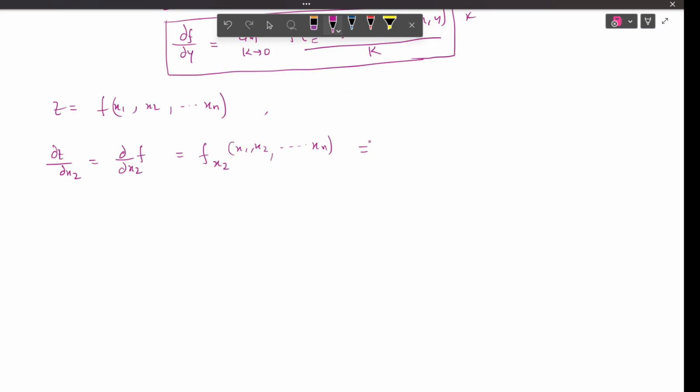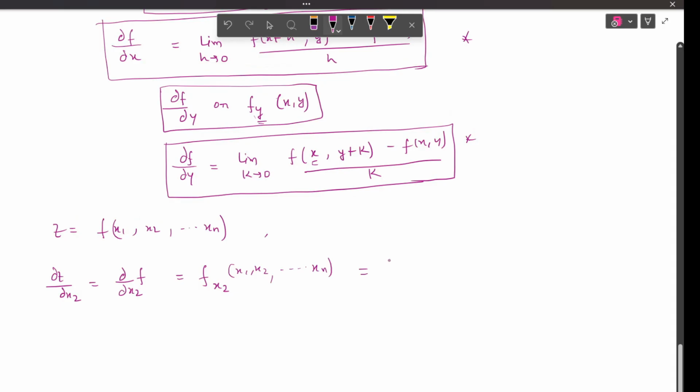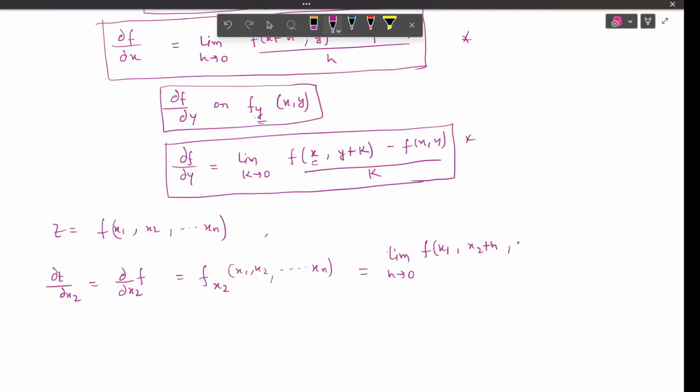And from the observation, we can say that you have to add h to x2, right? So this would be limit h tending to 0 of f of x1 comma x2 plus h comma x3 up to xn, minus f of x1, x2 up to xn, which will be the same everywhere, by h.